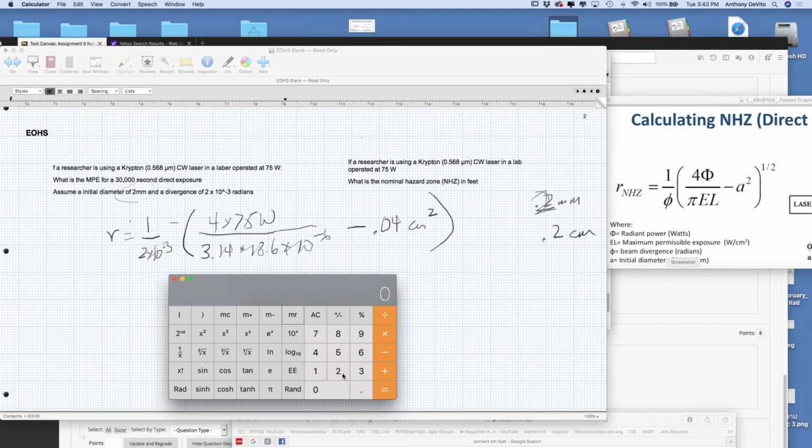And our numerator is 4 times 75, which is 300 watts, divided by our denominator. Recall it now, and that's equal to 5.13, et cetera. Except now we've forgotten about the 10 to the minus 6. That comes up to the top, becomes 10 to the plus 6, times a million.